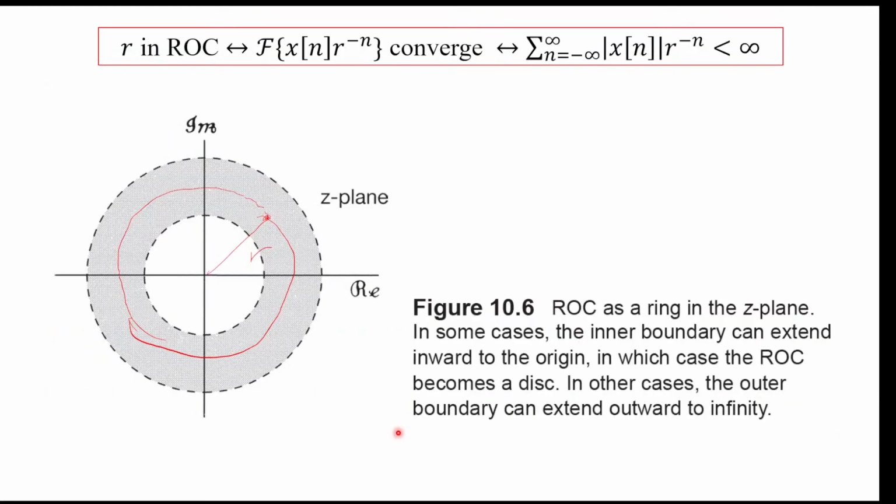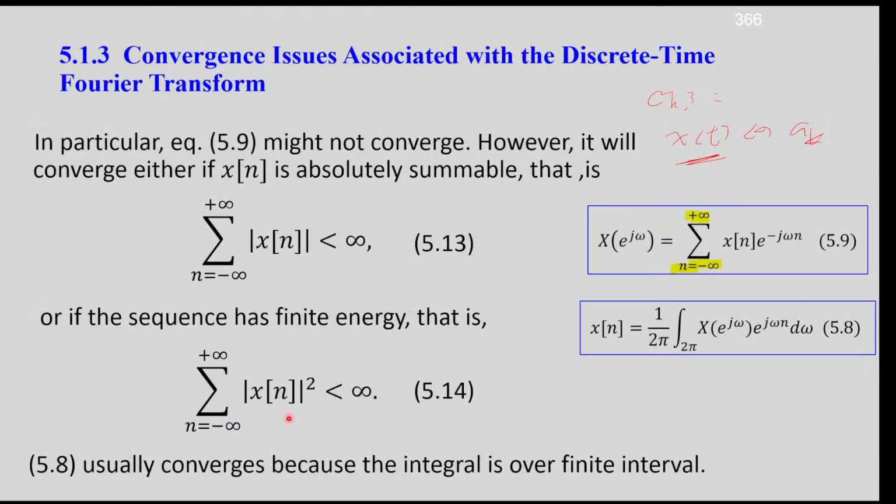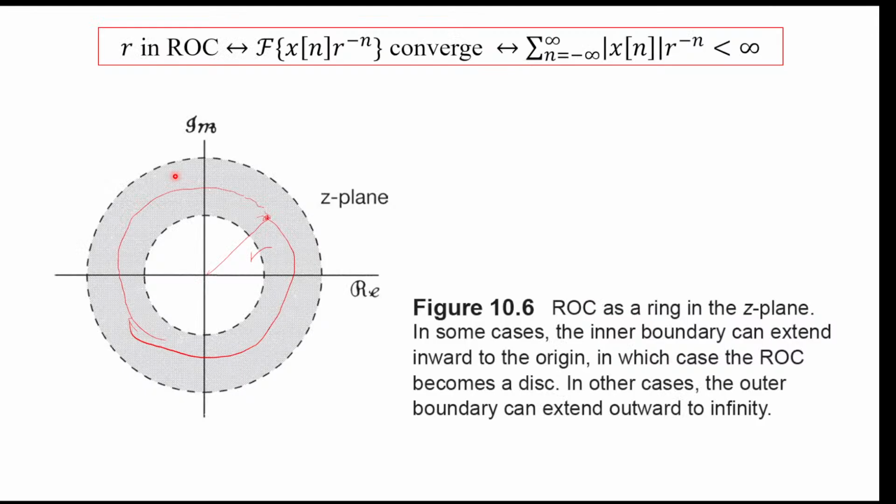We have different values of r, and some r inside the ROC means that the Fourier transform of x[n] times r to the minus n converges, and that also means that x[n] r to the minus n is absolutely summable. A review slide from chapter 5 says this is one of the conditions for the Fourier transform to exist.